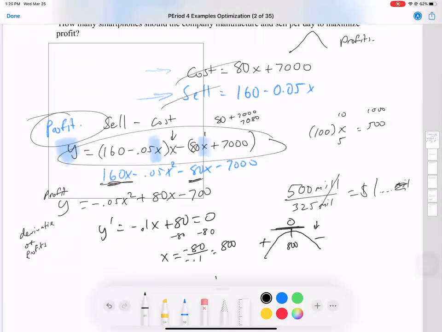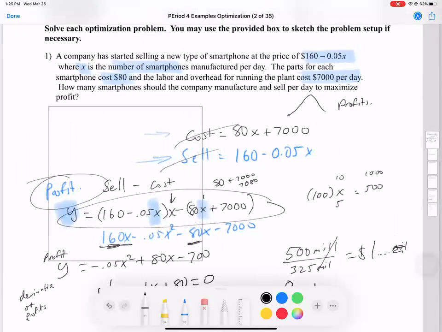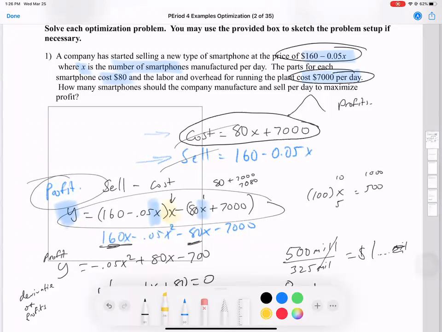First question, was it hard to glean that this was the cost? It's $80 per smartphone plus daily labor. Was it hard to figure out the sell price? Hey, that's the sell price. That's not hard. The part that I almost missed was that I had to multiply it by x here.